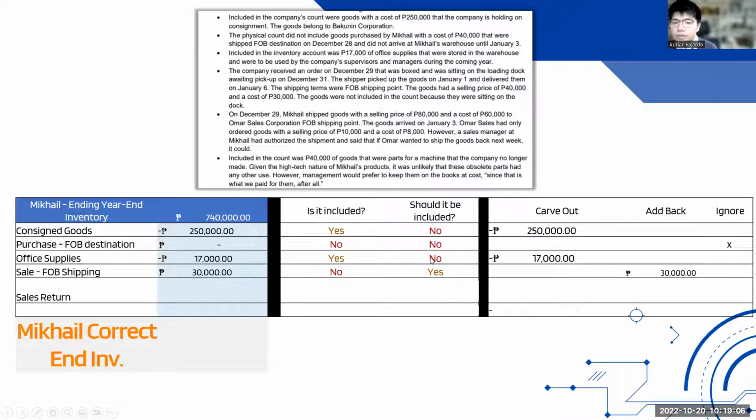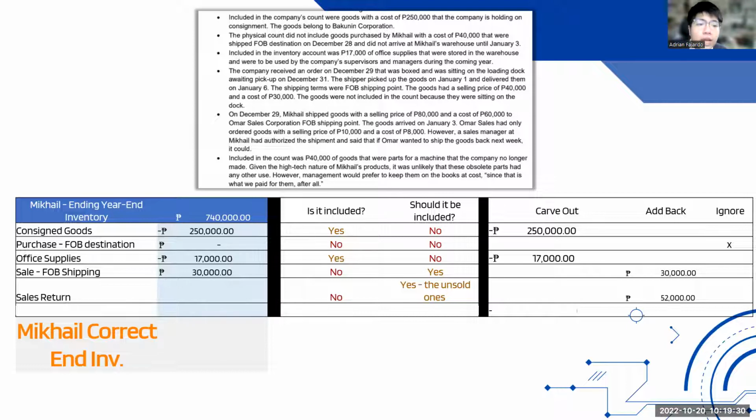And then, we had sales return na parang we were only supposed to sell 8,000 worth of goods. But then we thought we actually sold 60,000. So logically, parang what happened was, nagkaroon na sila ng cost of goods sold or they subtracted their inventory by 60,000. When in fact, they should have only subtracted it by 8,000.